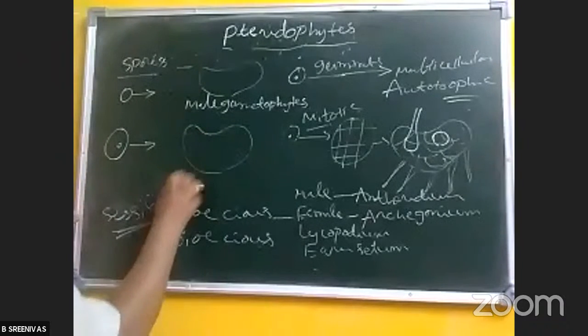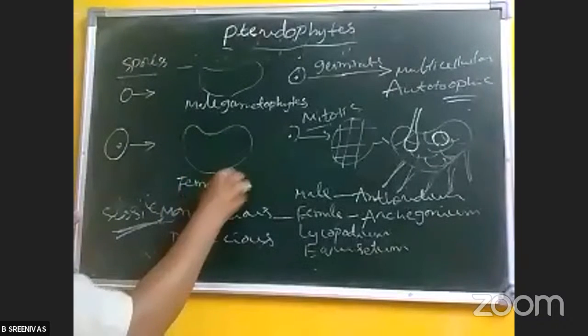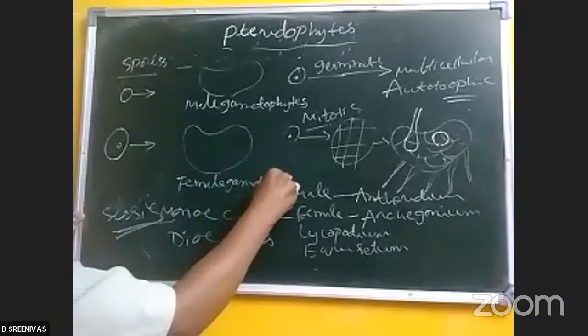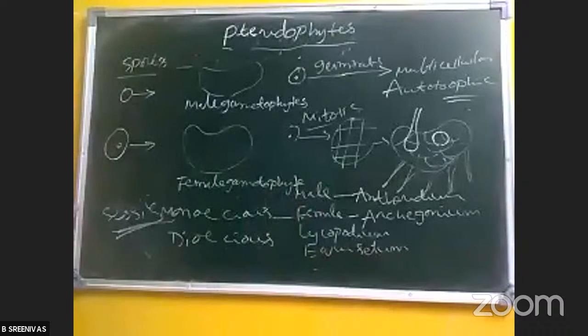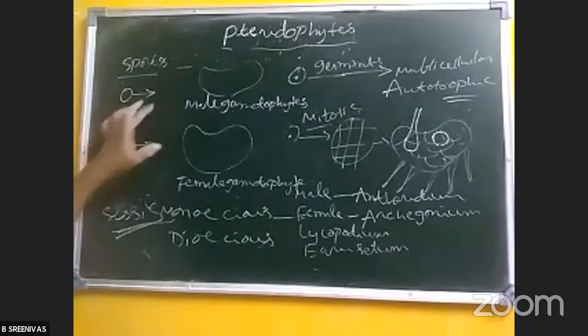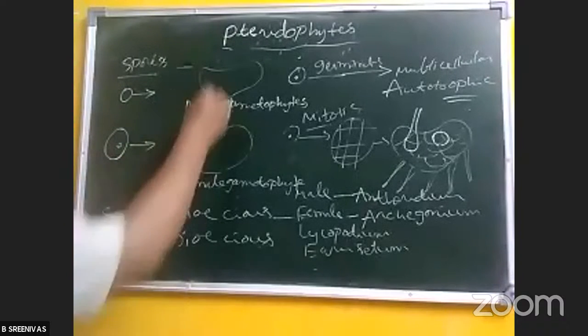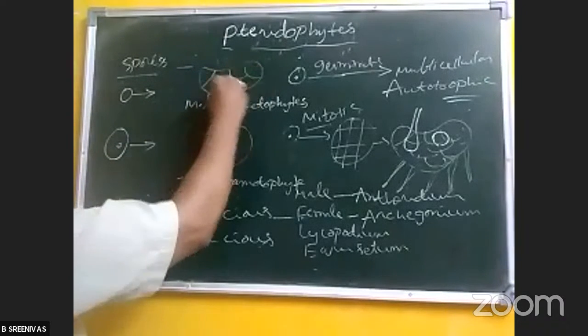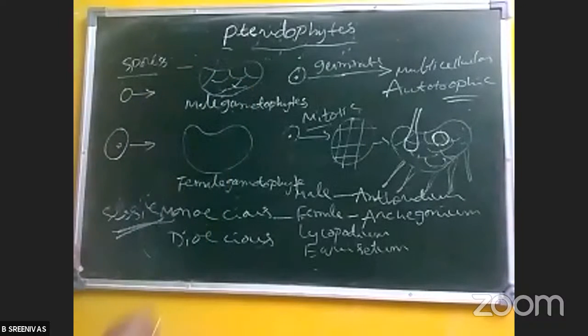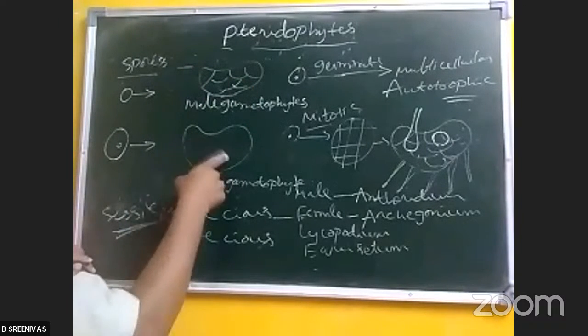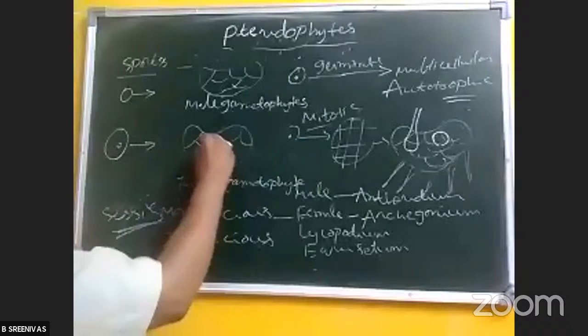This is the female gametophyte. Did you catch the point here? So microspores germinate and produce the male gametophyte. Both are multicellular autotrophic structures.